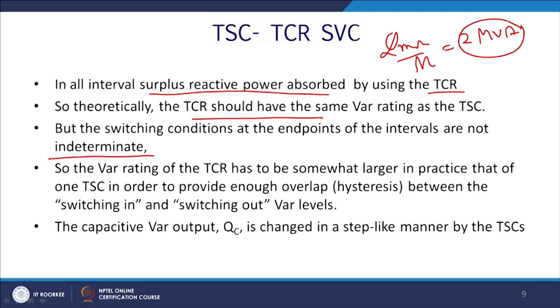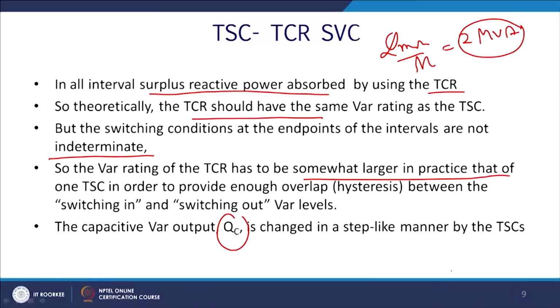But here, it has to be somewhat larger in practice than that of the TSC in order to provide enough overlap, because you require a hysteresis band, otherwise you will unnecessarily be switching these devices. So, for this reason there is an overlap or hysteresis band between the switched in and switched out var level. So, you will decide the window of hysteresis, whether it is 0.1 MVAr or 0.2 MVAr, and based on that we have to provide this.